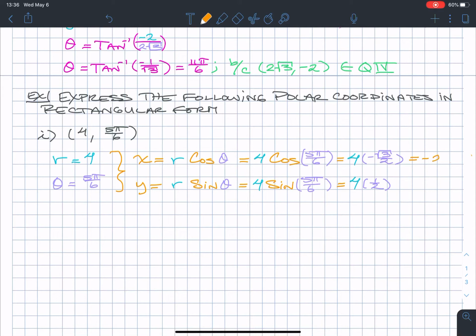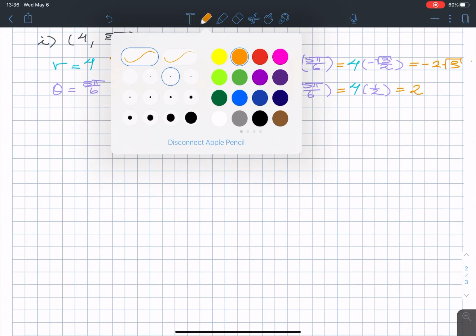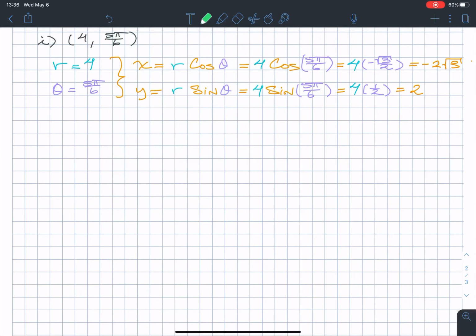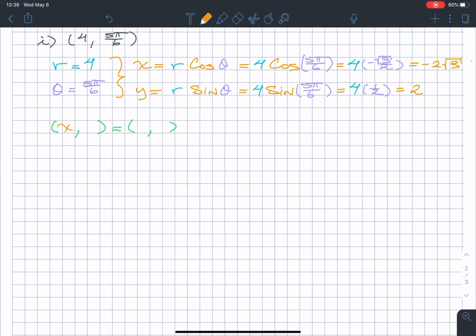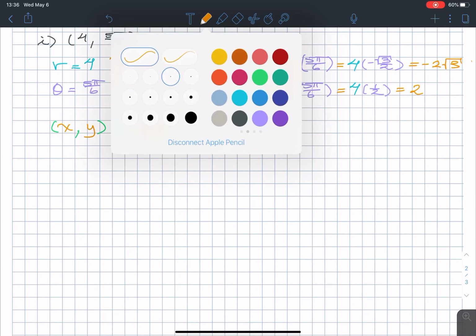Okay, so minus 2 root 3, and y will be positive 2. So the coordinate x comma y is negative 2 root 3, comma 2.